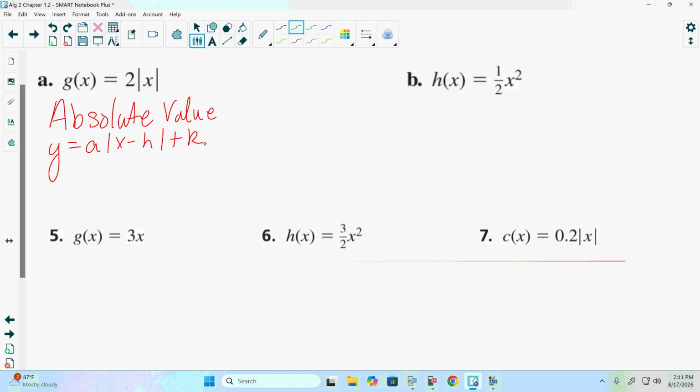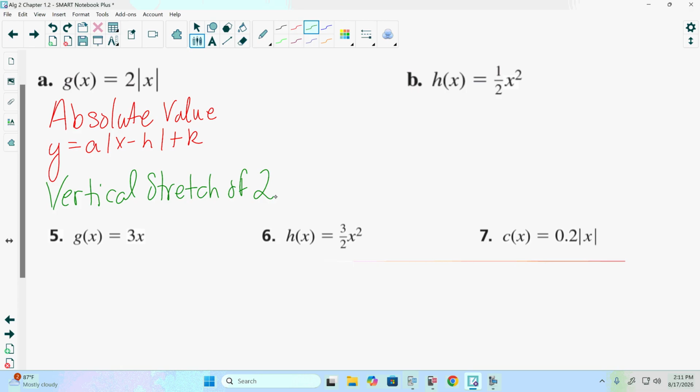If it's greater than 1, it's a stretch. Is 2 greater than 1? Yes. So what that tells us here is that we have a vertical stretch of 2.